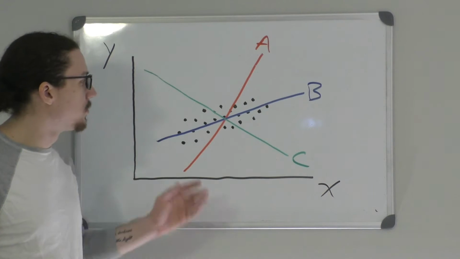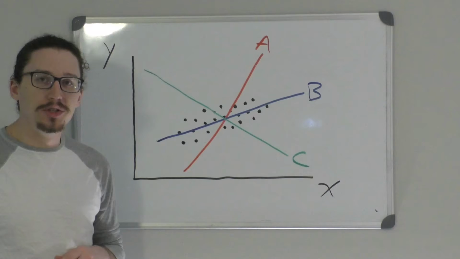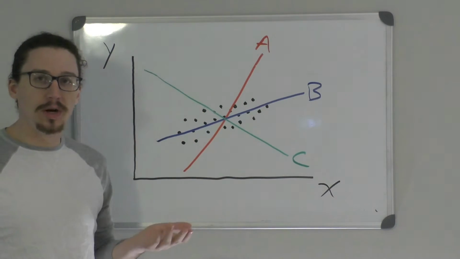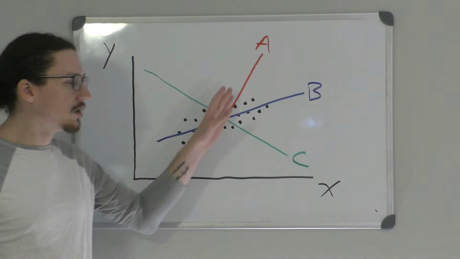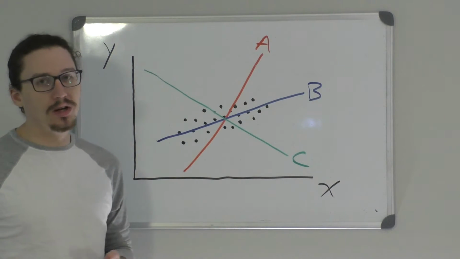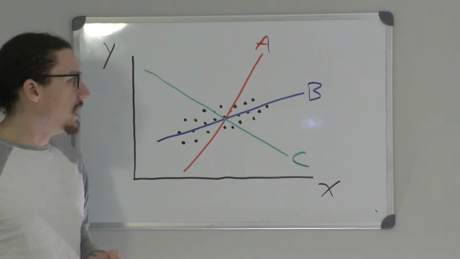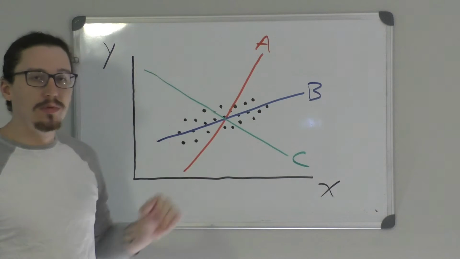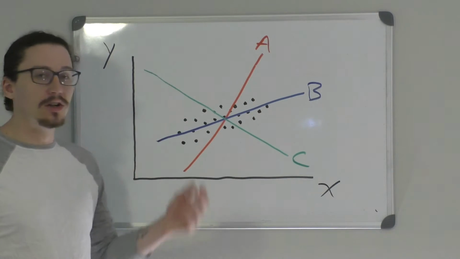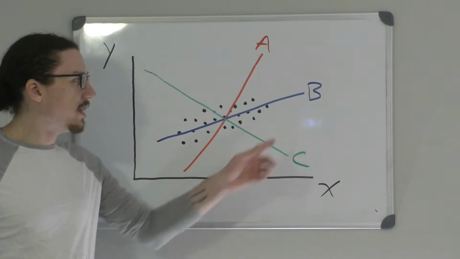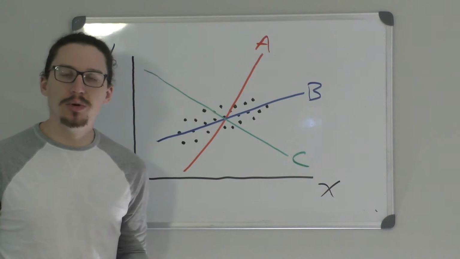Probably going to tell us that we're not going to have a lot of success with that one. Then moving on to A, we can see that while it does have the slope right, at least, it doesn't go through much of the data. It's not very close to a lot of those data points. And when we compare it to B, which runs through the middle of the data and is very close to more of those values, we can see that B would be the better choice.